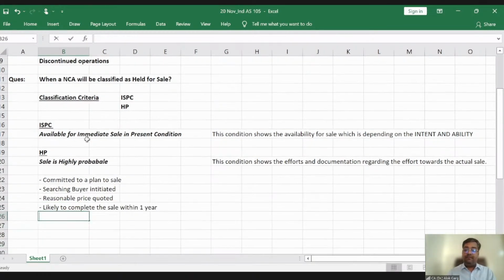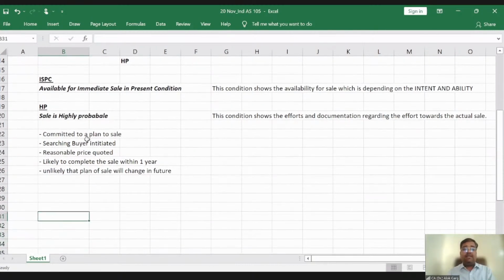Fifth condition, unlikely that plan of sale will change, right? So these 5 conditions we have discussed.